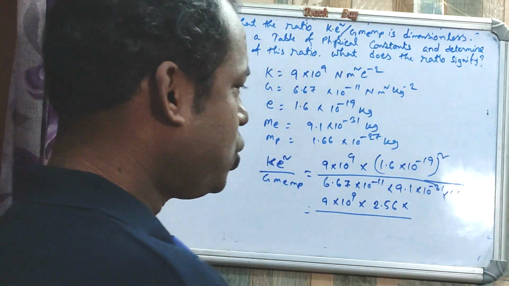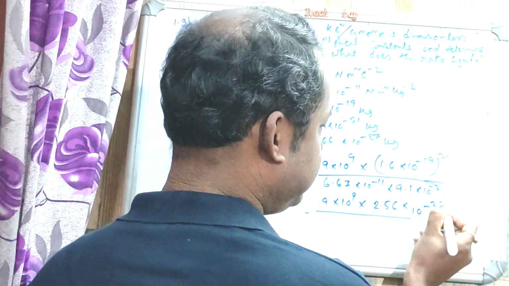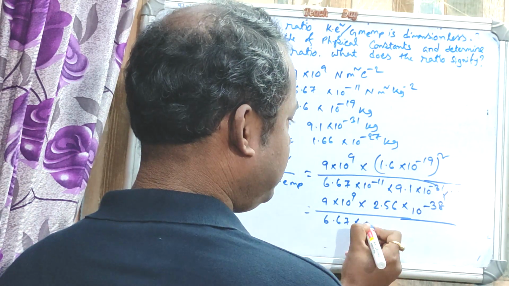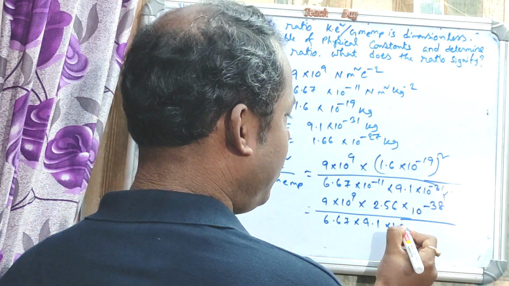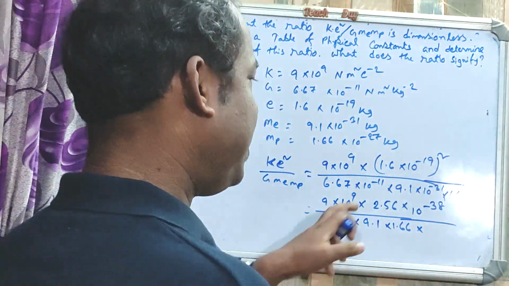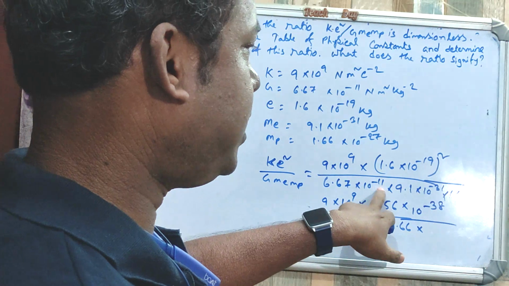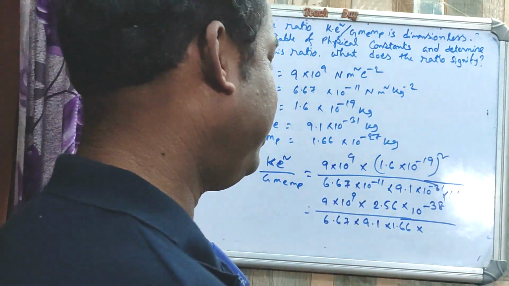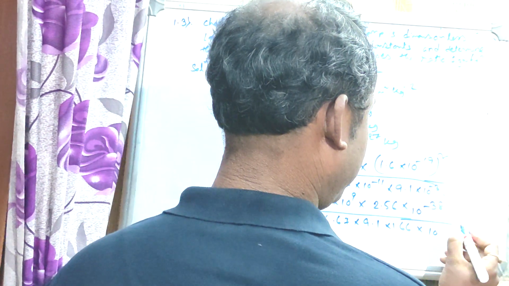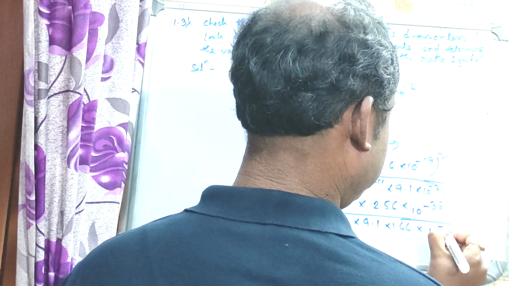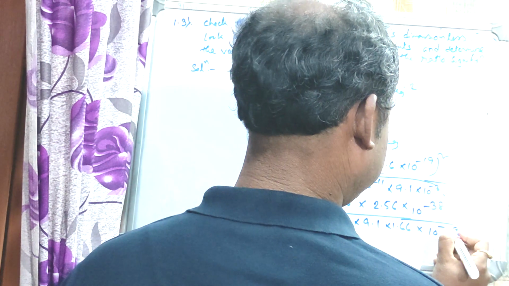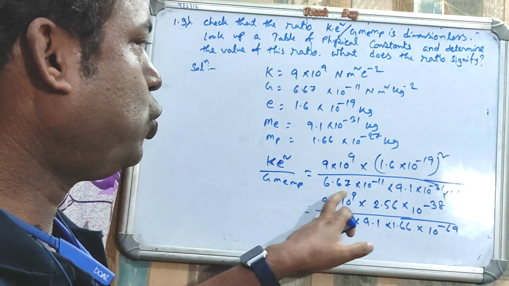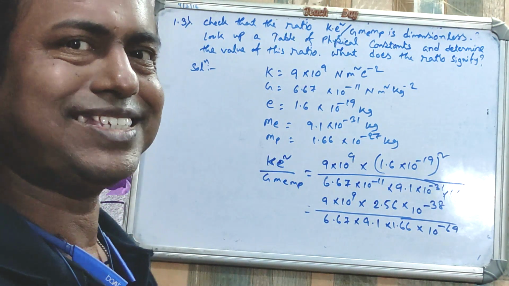In the denominator, it is 6.67 into 9.1 into 1.66, approximately, and the powers are minus 11, minus 31, minus 27. Adding all these, we get minus 69. Then 9 into 2.56, calculate this value.